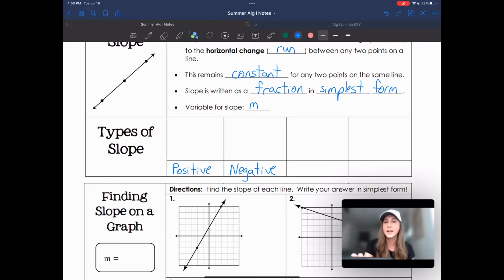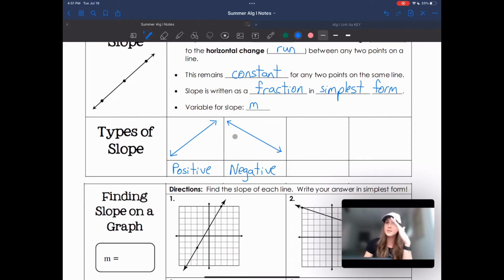So anytime you have a line that's going up, looking at it from left to right on your paper, let me draw this here, like so, we say that has a positive slope, okay? Anytime we have a line going down when looking at it from left to right, we say the slope is negative. So let's draw out kind of an increasing line and then a decreasing line.